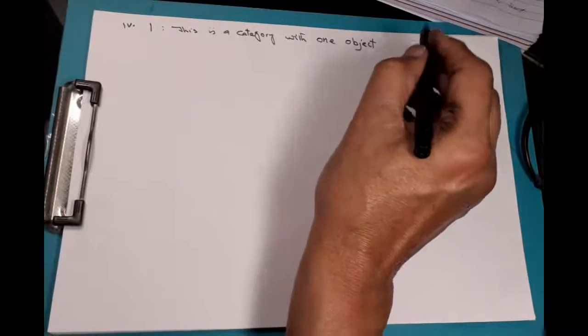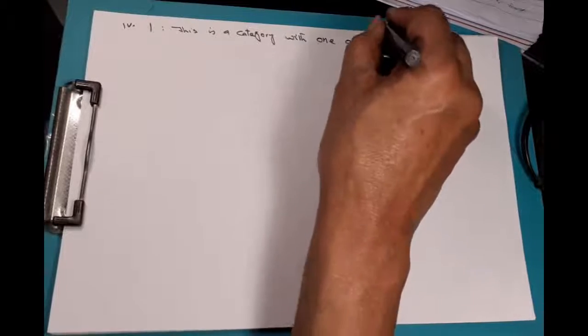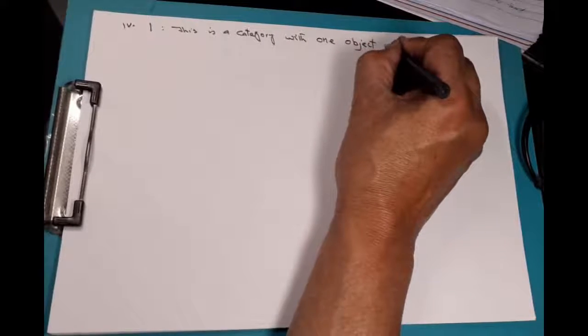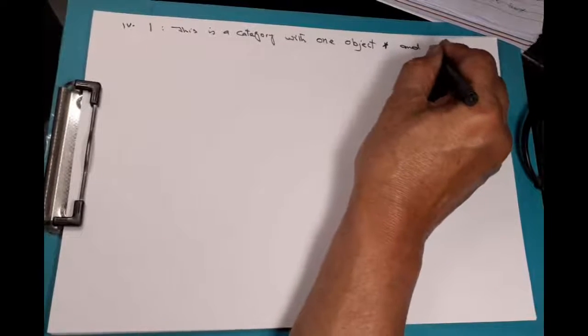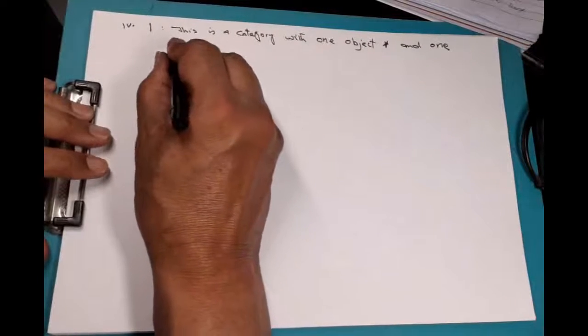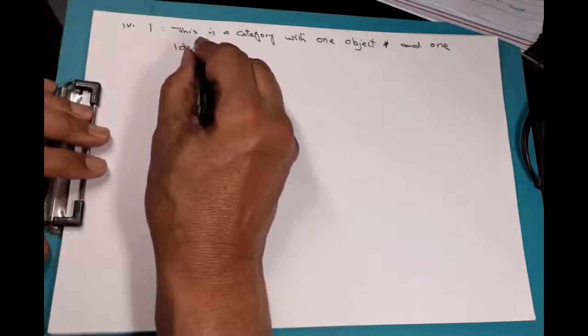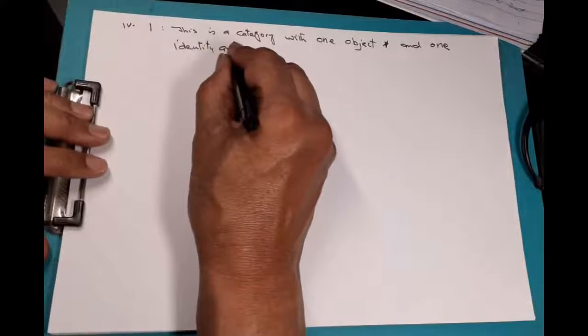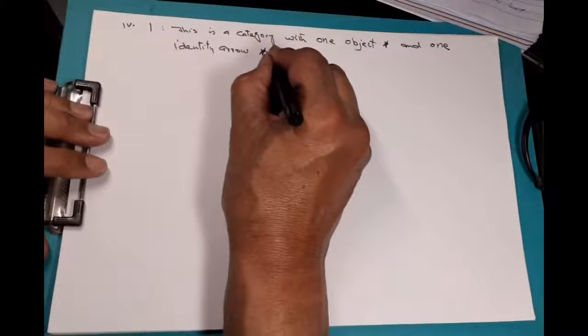Let's denote the object by star: one object and one identity arrow, the identity arrow from star to star.